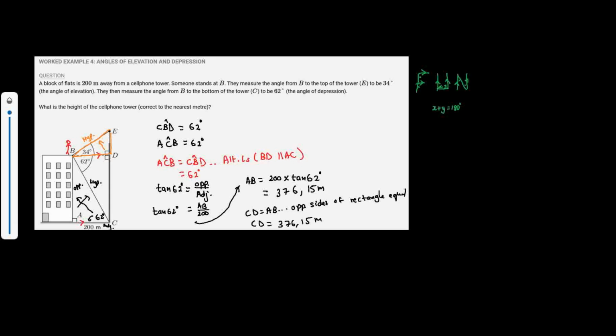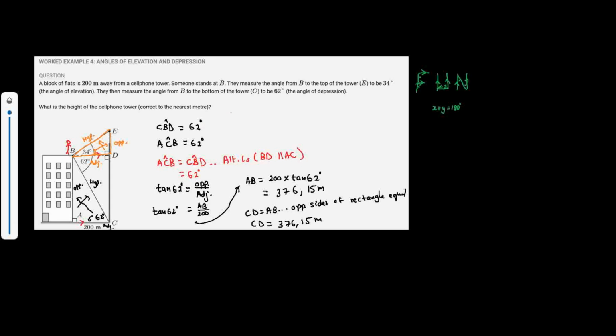This length DE, with reference to 34 degrees, is the opposite, and the adjacent side would be BD.